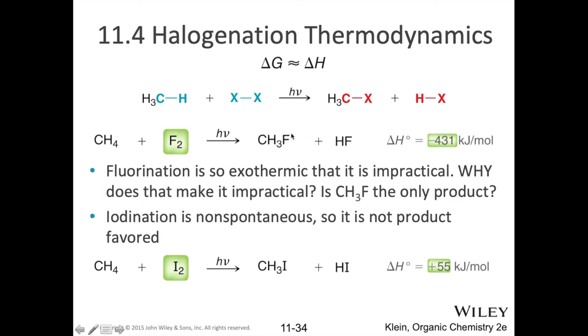You're probably going to have a mixture of products, which makes it, again, less practical in terms of trying to find or isolate the product you want. Okay, and we've already talked about iodination, why you're not going to have a spontaneous reaction there.